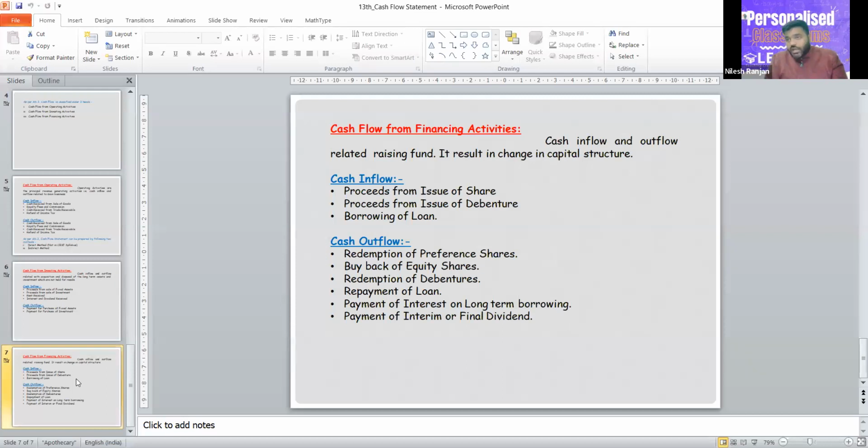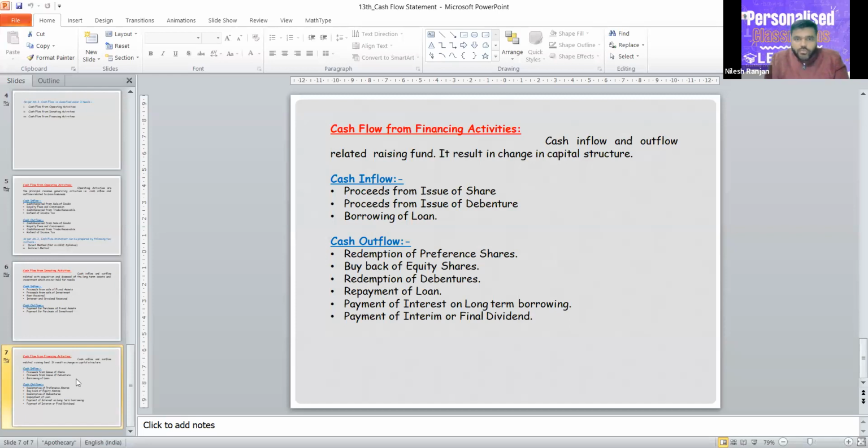So either you receive money from issue of share or you pay dividend. Both these items will come under financing activities. In the same situation, if you issue your debenture and you pay interest on those debentures, then it is also financing activities.